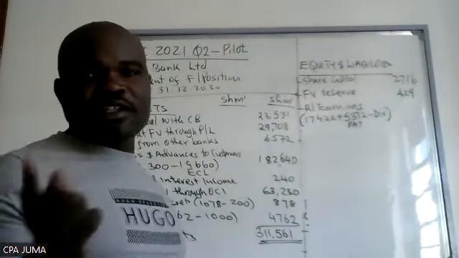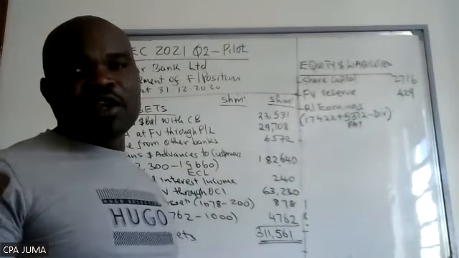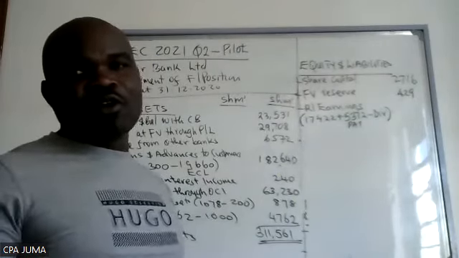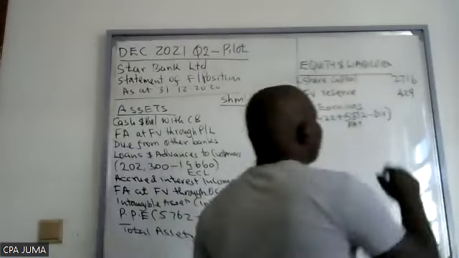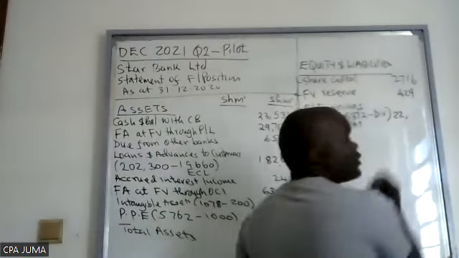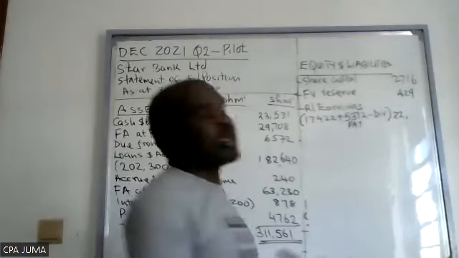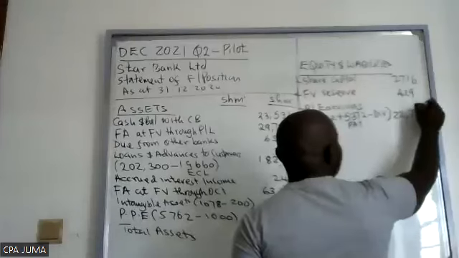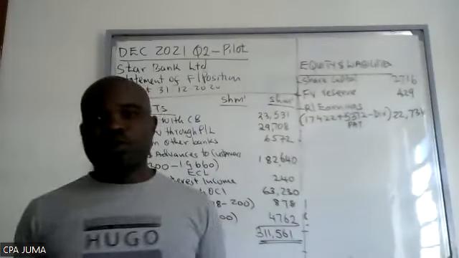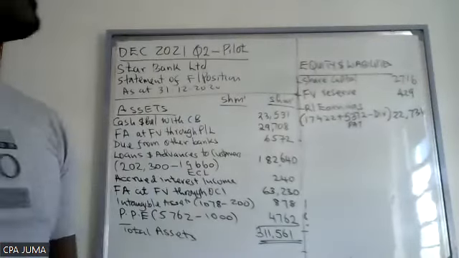Hilda, people are giving 22,374, going back 22,734. Which is which? 22,734. Okay. 22,734. Good.